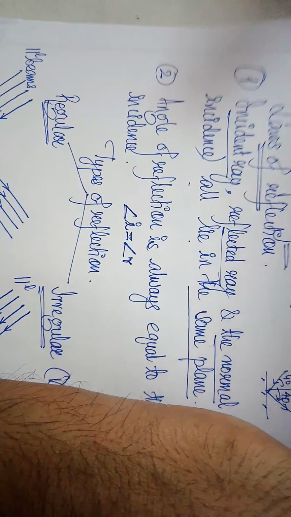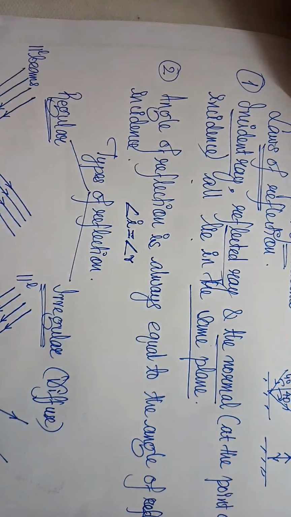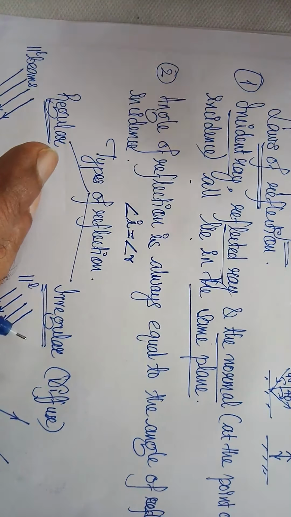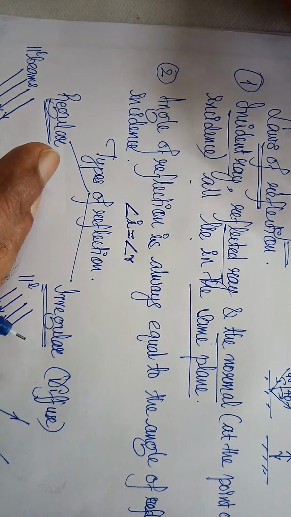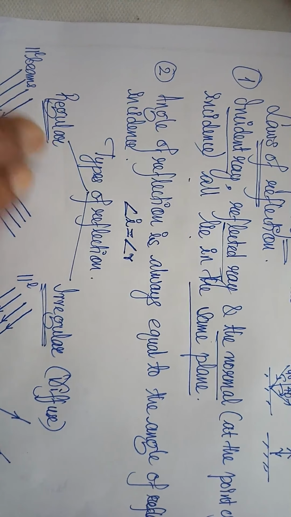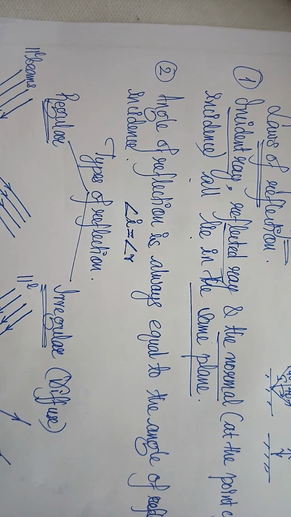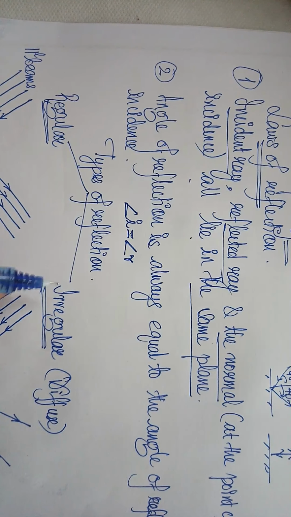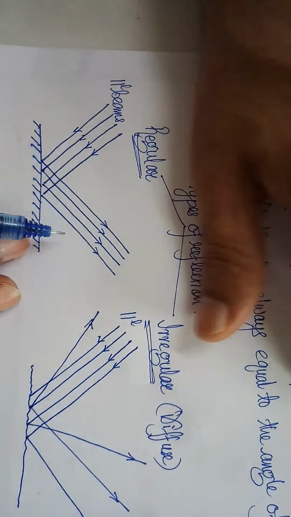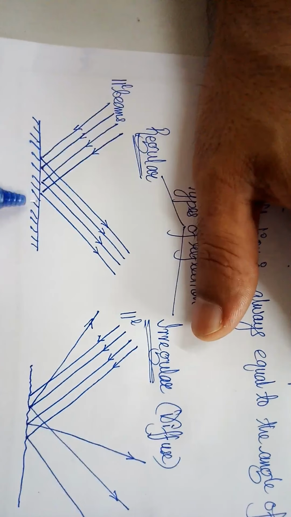When a beam of light falls on a smooth surface, what will happen? All particles of the smooth surface are facing in the same direction. So its surface is smooth.